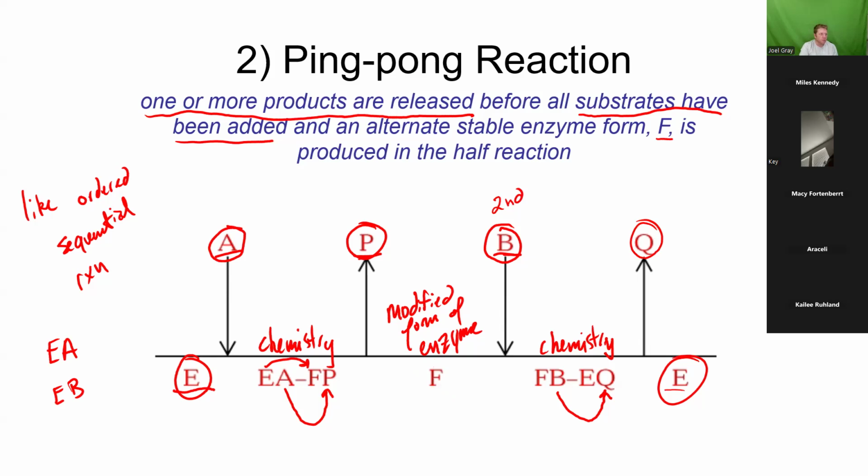Well, because we have that modified form of our enzyme. Only FB is going to form. Okay. What about an FA form? No, it can't. The reason FA cannot form is because FA includes our modified form of our enzyme.